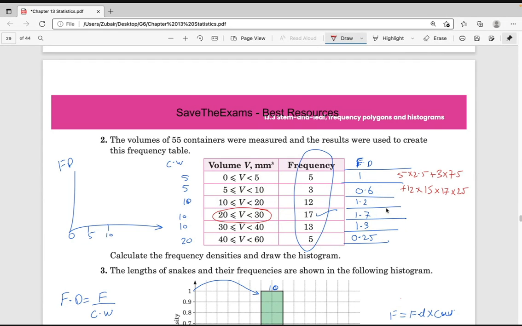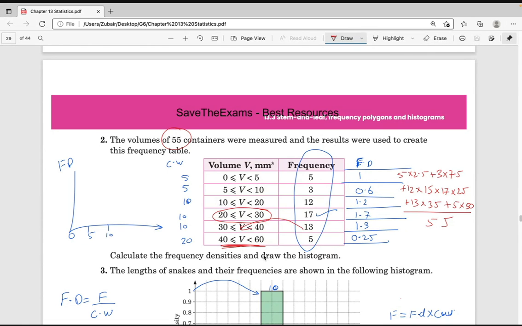Then 13 into 35, plus 5 into 50. And then we divide it by the total frequency, which is 55. And we'll get the mean.